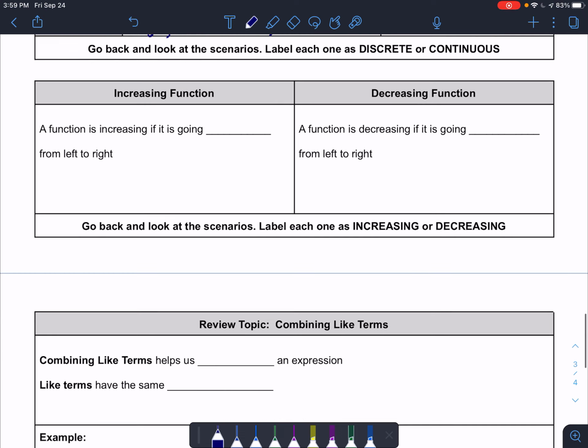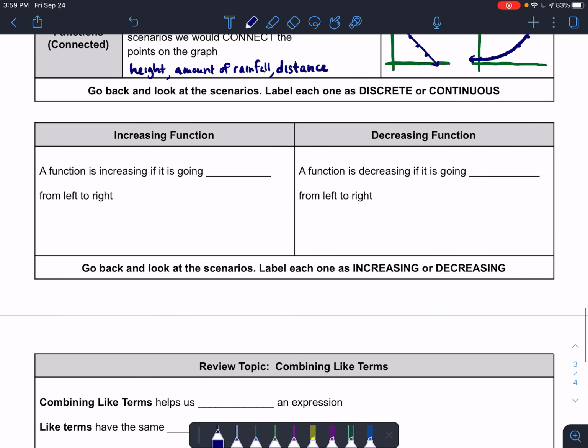Final set of vocabulary here would be increasing and decreasing functions. I'm hoping that we may have some ideas on this, right? The word increasing usually means something's going up, just like decreasing is something going down. The key is that in both situations, we're always talking from left to right, okay? That's very, very important.